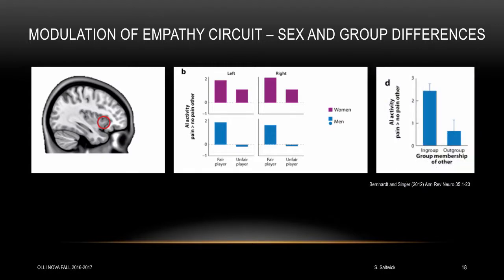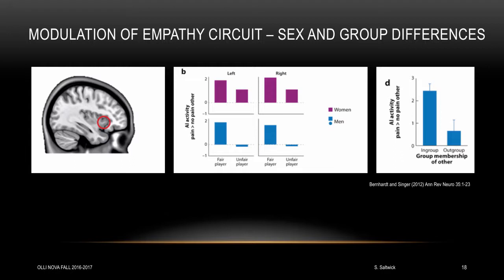Alternately, we could measure empathy when the subject is either within or without a group. In this instance, we'll study males where the in group means the subject and whoever we're indicating pain for are rooting for the same soccer team. So the group is we're all rooting for the same soccer team.